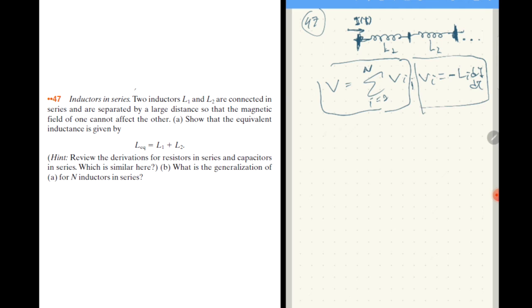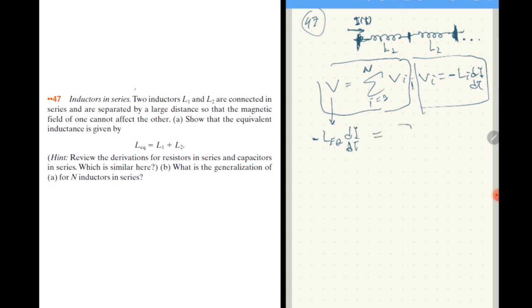One thing that you can do is write this first potential as the negative of the equivalent inductance times the derivative of the current with respect to the time.